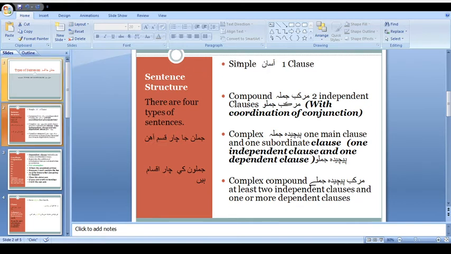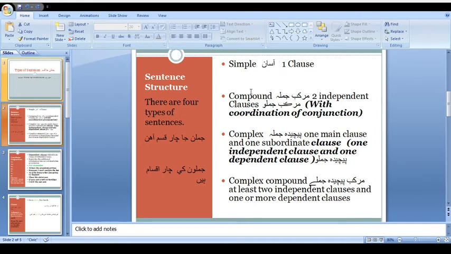Number one, simple. We call it Asan in Sindhi and Urdu, which consists of only one clause. I'll tell you what one clause is.